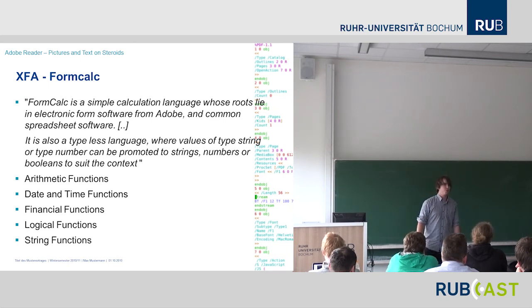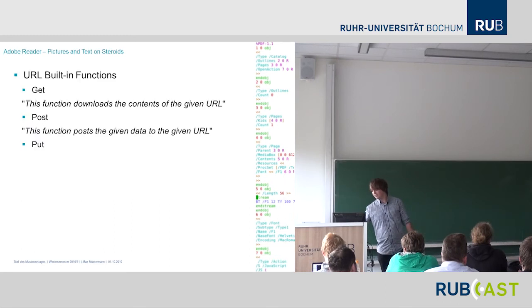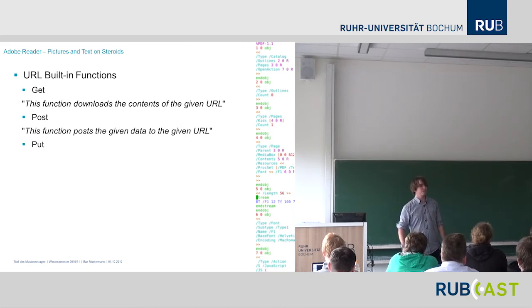It sounded really boring, so yeah, we can do some calculations and also string functions. But really at the end, there are the URL built-in functions. And this can, one-shot style, read any website and post it anywhere.